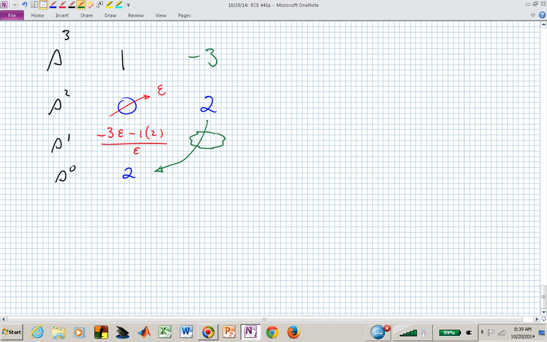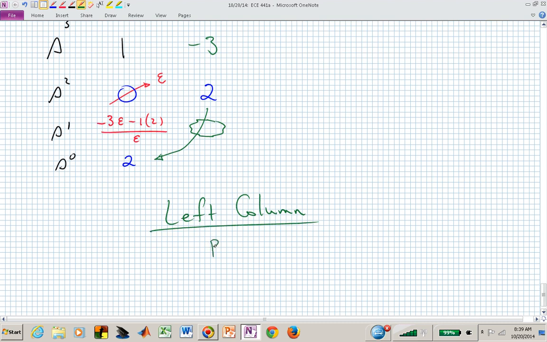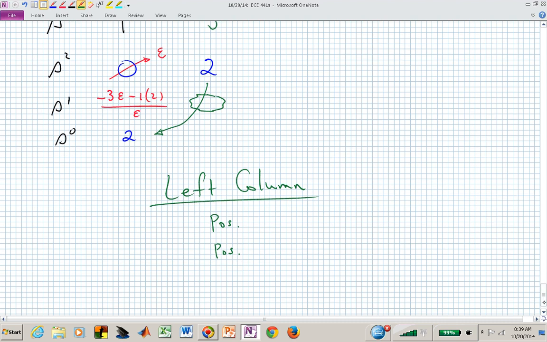What do we have in the left column? We now have a positive. Epsilon was positive, so that remains positive. S1, I think you agreed with me that it was negative, and 2 is positive, which now allows us to say what about the sign changes?